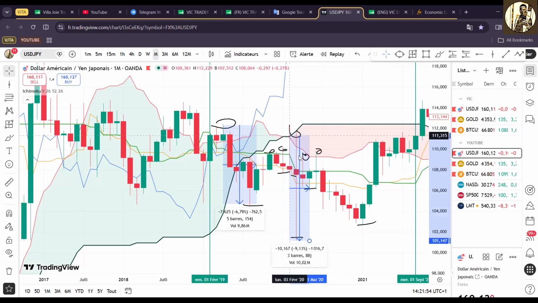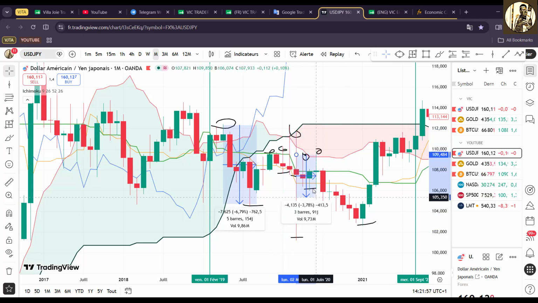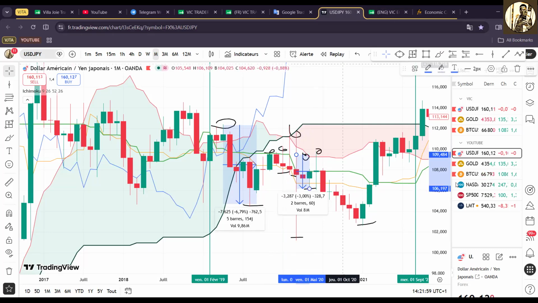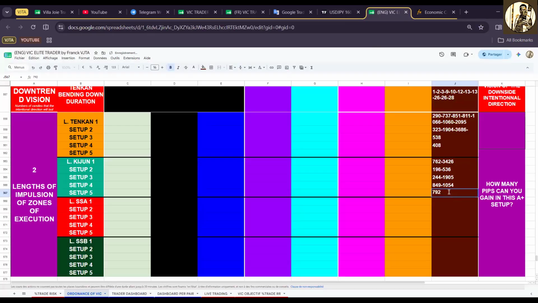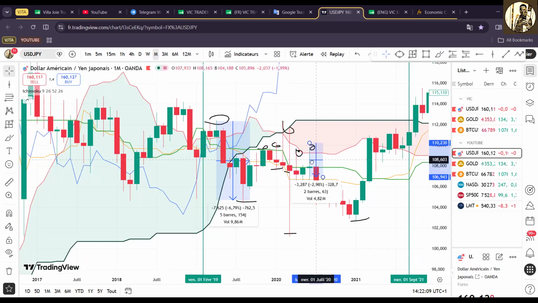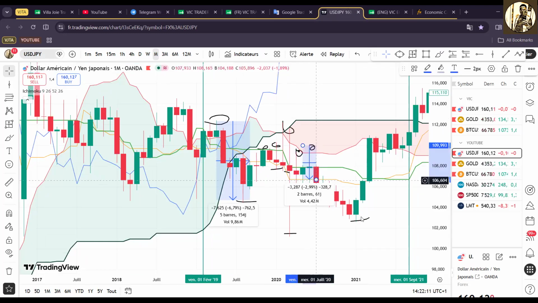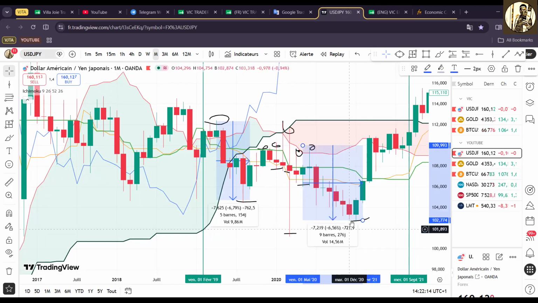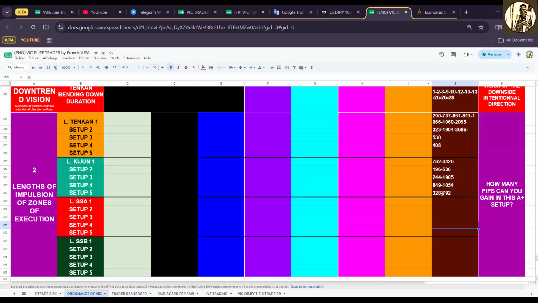And then this other one is 326, 228 for the fifth touch. The sixth touch I will put also at the same level, like 721, this way. So you see for Kijun, you don't have less than 700 pips, or 244 pips, when Kijun is touched.